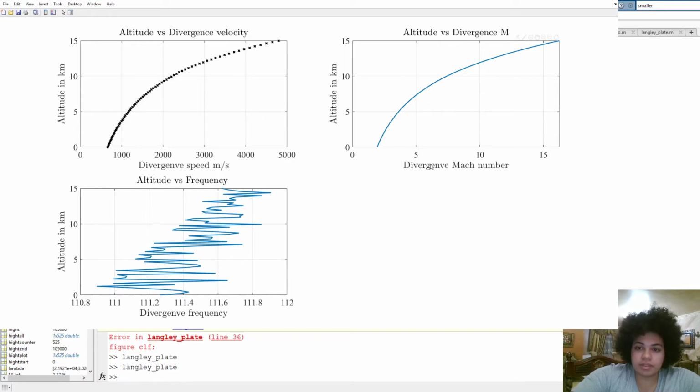Looking at the graph, we can notice the same trends, that flutter speed and the Mach number of flutter increase significantly with altitude, and the frequency is almost the same. It doesn't change a whole lot.